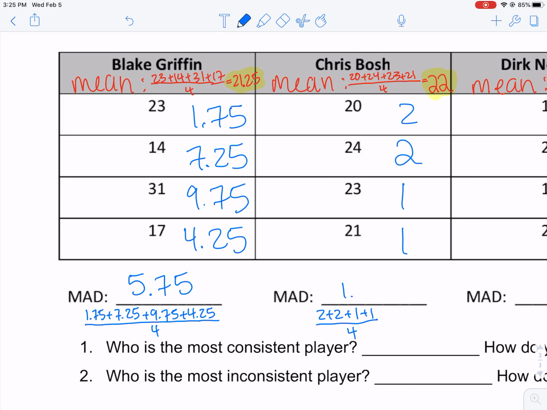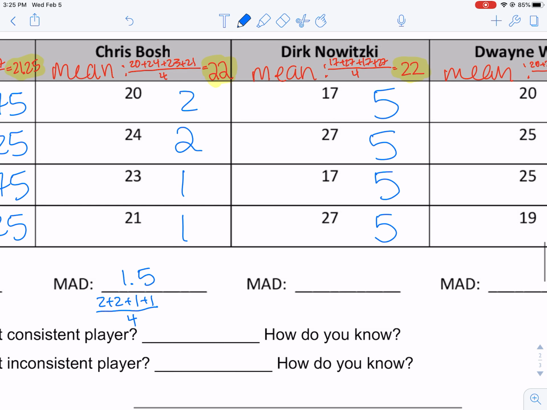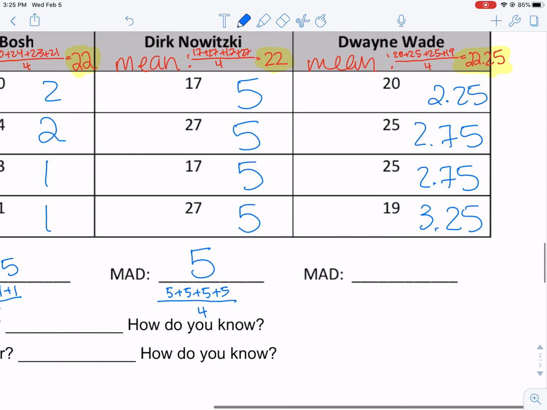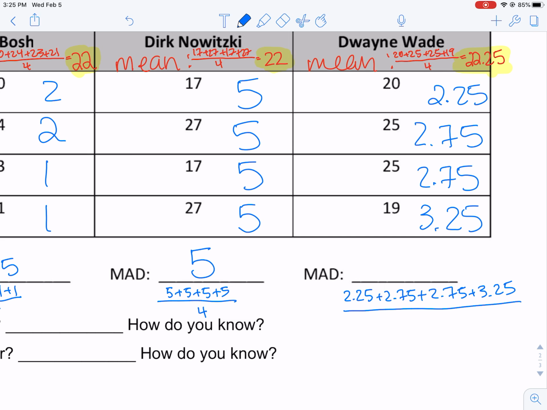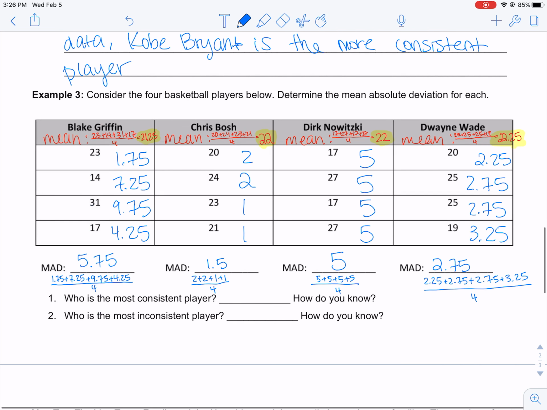That should give you 1.5. 5 plus 5 plus 5 plus 5 all over 4. That should give you 5. Then finally, 2.25 plus 2.75 plus 2.75 plus 3.25 all over 4 should give you 2.75. So we have our mean absolute deviations for all 4 players.